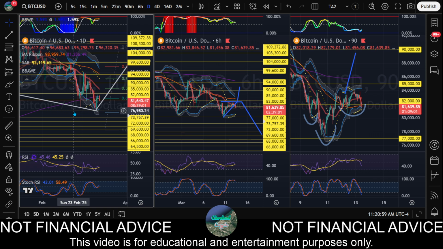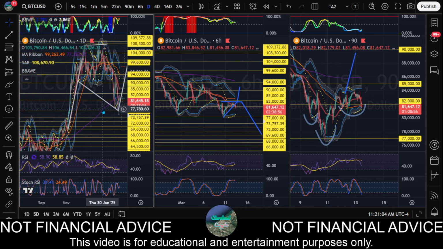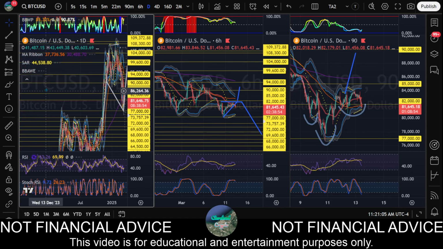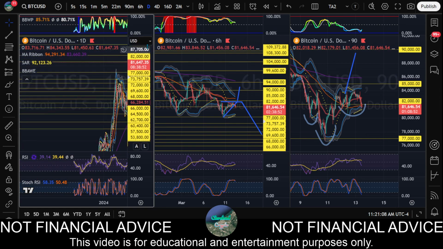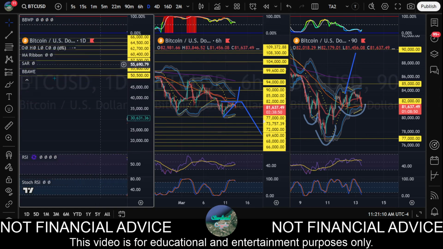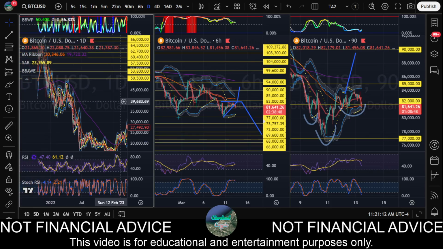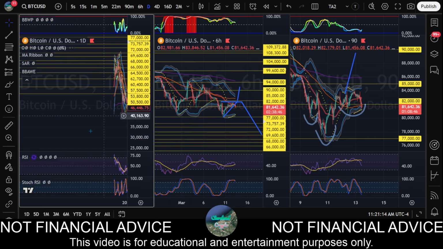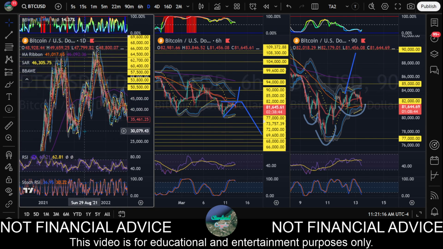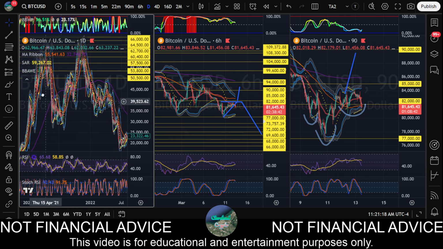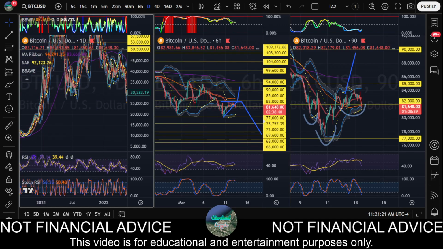However, in that time, how low is price going to go? Well, the last time around, in 2021, price dipped to 15K.